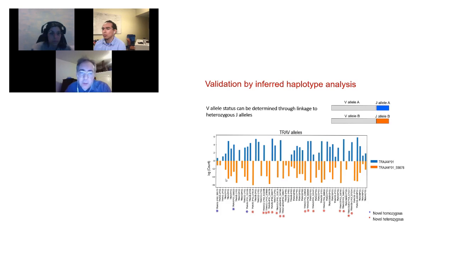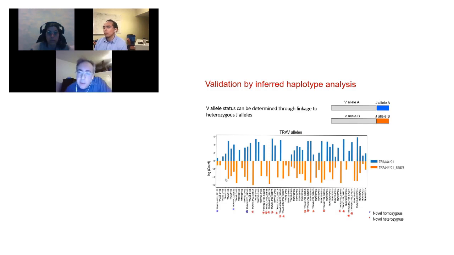And that allows us to do computational analysis of the counts we get for the different V alleles associated with the J alleles. This particular picture shows one individual who has a total of 19 novel V alleles present in their repertoire.